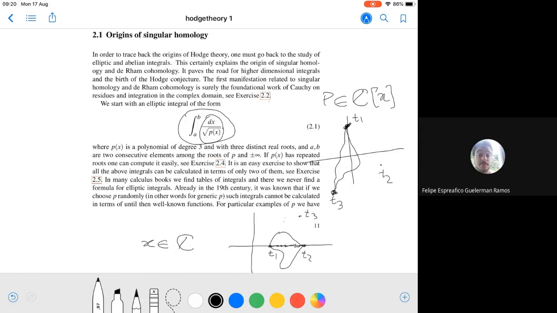As I said, I put y equal to the square root of p(x). I looked for its graph, and then I said let's just look at y squared equal to p(x). Maybe let's go to the other page.